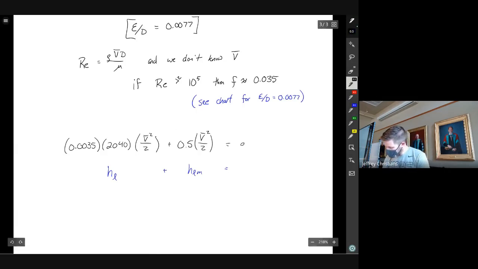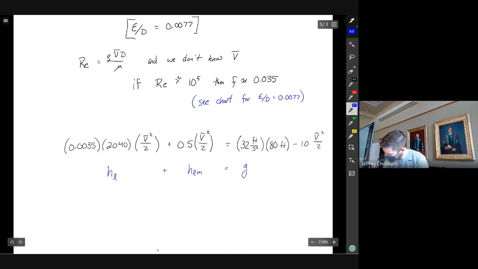That would be equal to g z1 minus, sorry, you're right. So it would be 32 feet per second squared times 80 feet minus 1.0 v squared over 2.